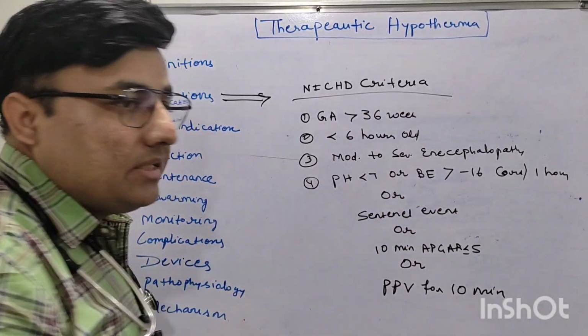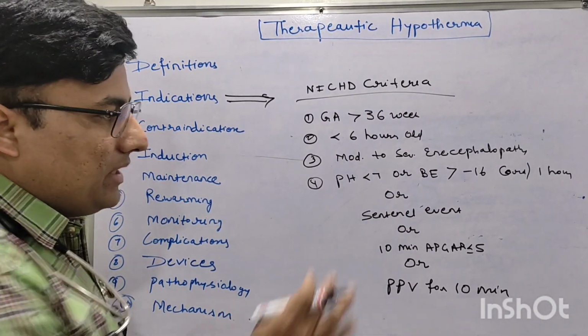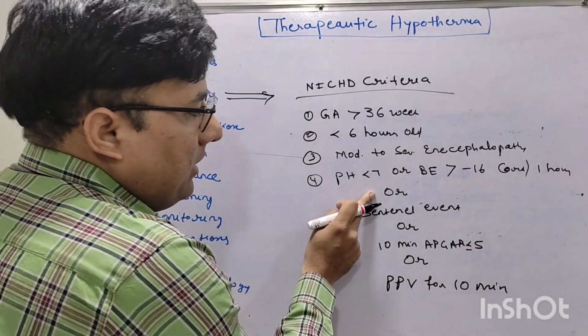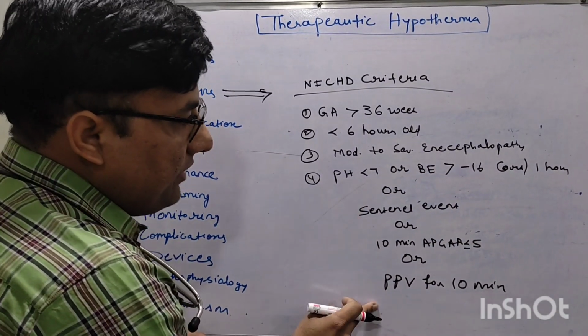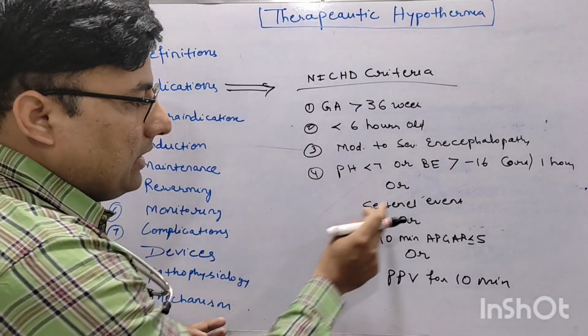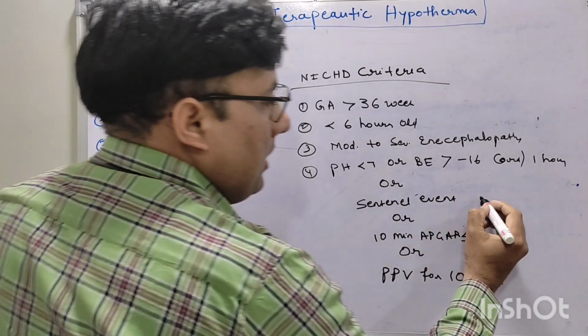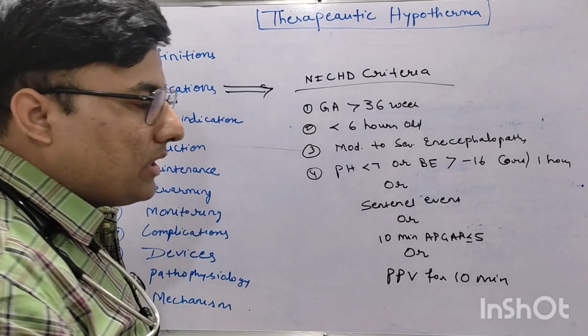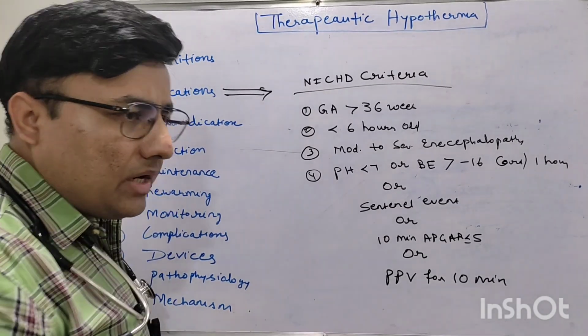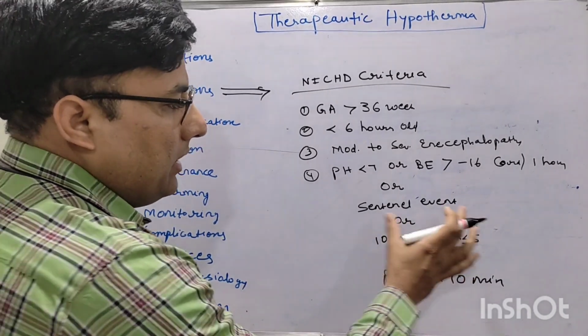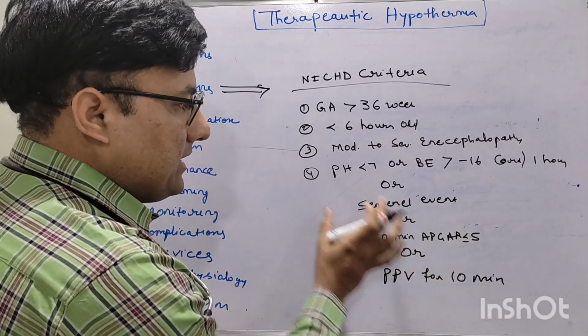If ABG is not available, for example the baby is an outborn baby, then any of these three criteria should be there. Any sentinel event could be there, like cord prolapse, cord compression, uterine rupture, cord rupture. That also we can take as a criterion.